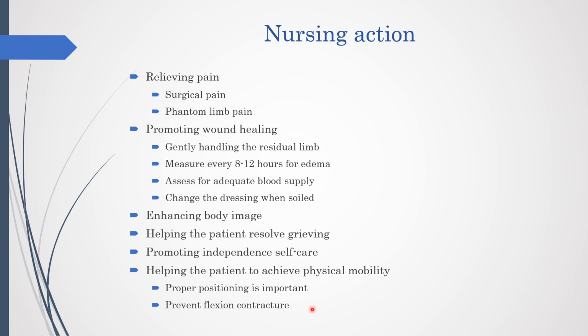So proper positioning will prevent the development of hip and joint flexion contracture. Usually it happens with the patient with lower amputation. Abduction, external rotation, and flexion of the lower extremities are avoided.